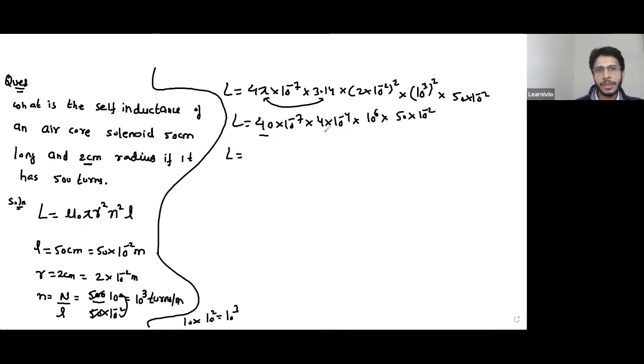So now this is 40 into 4 into 50, which is 80 into 10 raised to the power... minus 7, minus 4, minus 11. Minus 11 and 6, minus 5. Minus 5 and 1, minus 4. Minus 4 and minus 2, minus 6. So your self-inductance is 8 into 10 raised to the power minus 6.